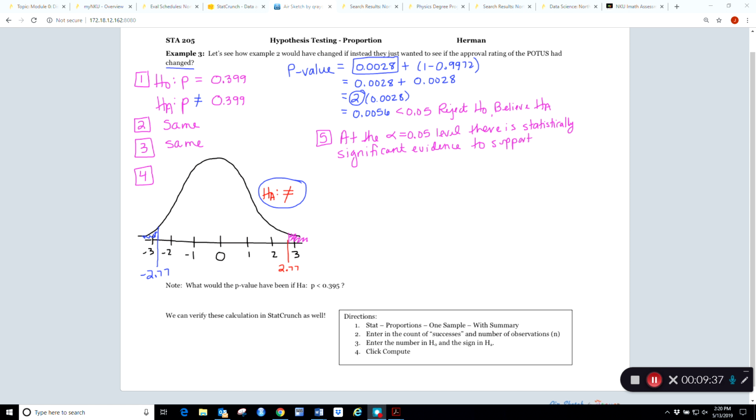But now the last piece was our alternative hypothesis in words. So this is a little bit different because we had a different alternative. So there is evidence to support that the president's approval rating changed from February of 2019 to May of 2019.